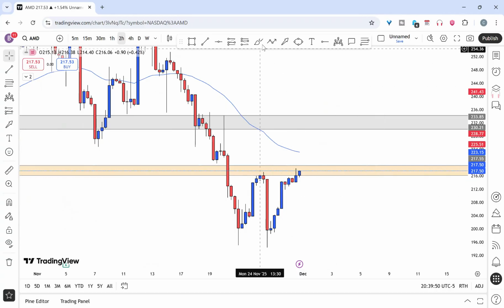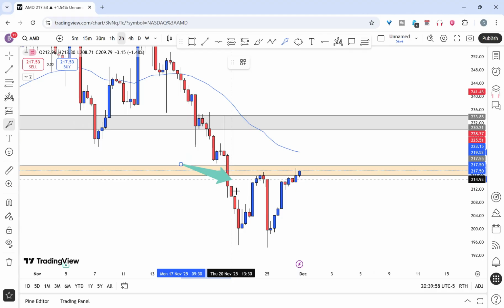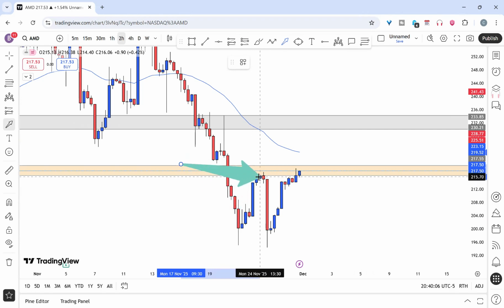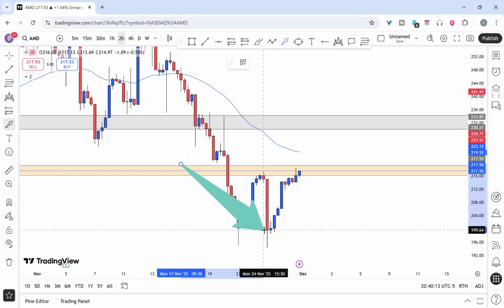As you guys can see here, we have a lower high, right? So we have a staircase that is moving downwards. Once we go further down here, it came down, it stopped, it rejected, and it wanted to push back up. It came up, it stopped, it rejected, and then it's pushing back down further.